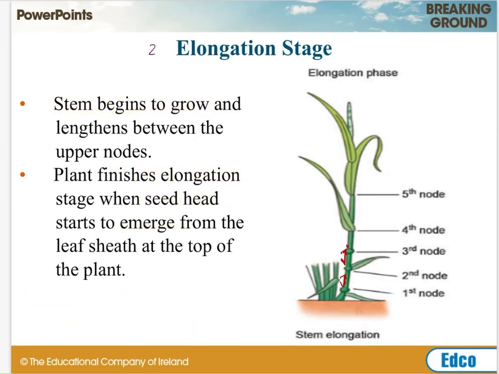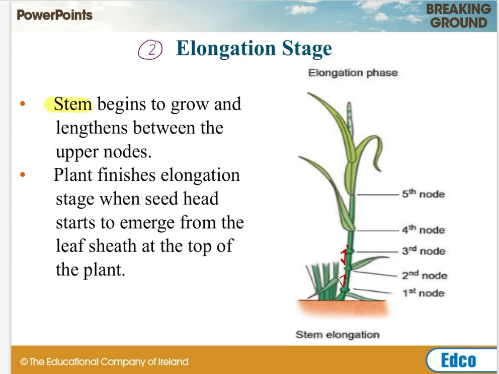Here is the second stage of our grass growth cycle, and we have entered the elongation stage. As we mentioned earlier, this is where our stem is going to develop, and our stem is going to lengthen between the upper nodes. As we can see here, from our first to our second node, we have a small distance. As we go to our third and fourth, the distance is increasing.